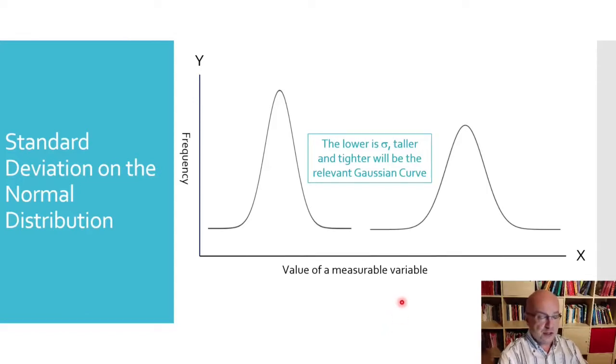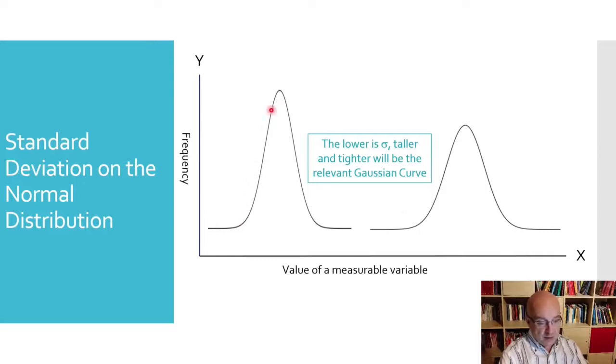But let's first explain the differences in the shape of the ideal normal distribution given by a different value of the standard deviation. You can see an ideal normal distribution, a Gaussian curve here on the left, and you can see an ideal normal distribution on the right. The shape of the 2 curves is different.